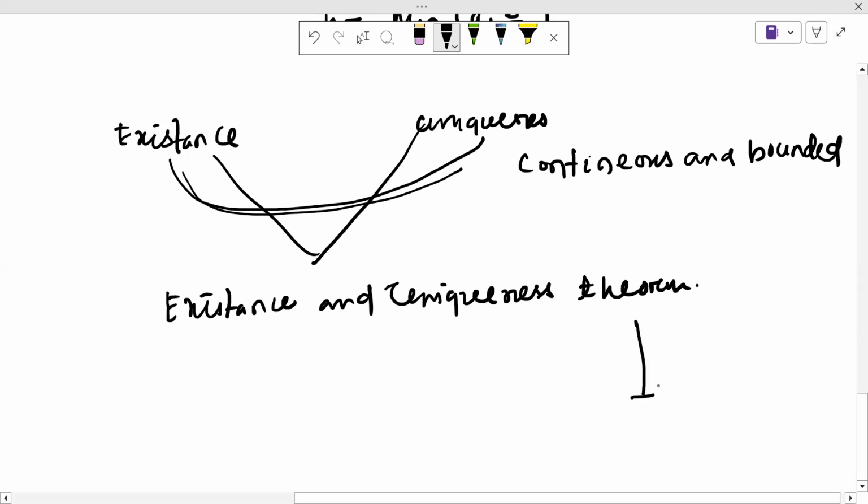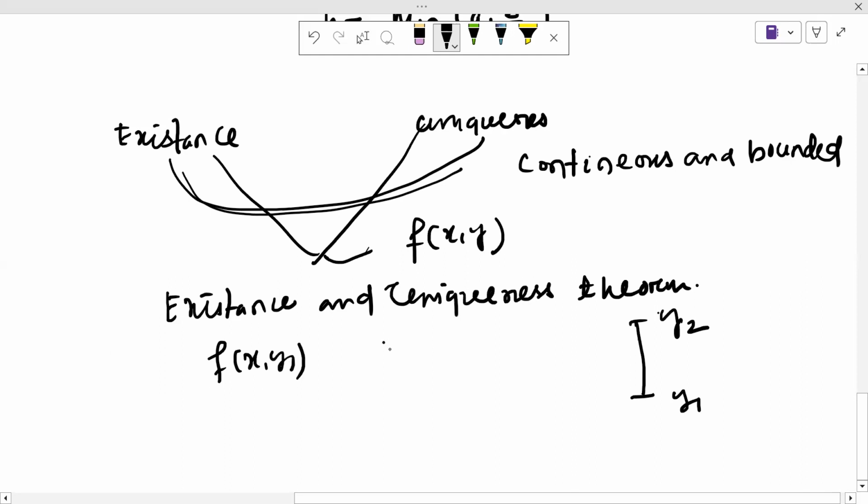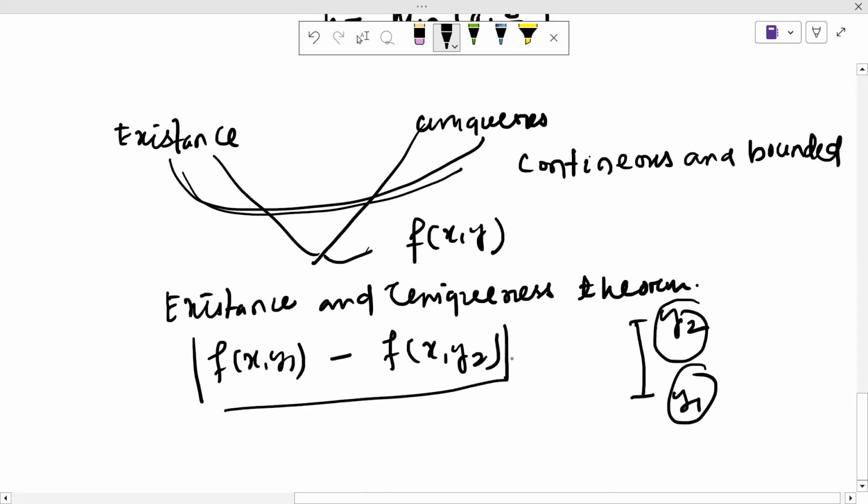We consider two different points of y, that is y1 and y2, applied to the function f(x, y). You evaluate f(x, y1) and another result f(x, y2), two different functional values, and then subtract them. This difference is also bounded: the first is bounded, the second is bounded, so the difference is bounded.